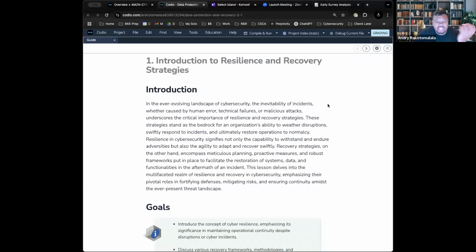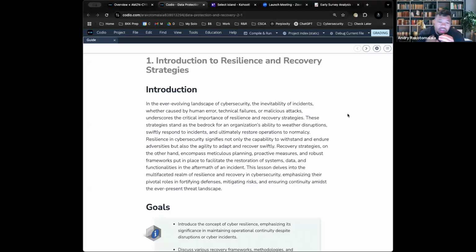Now, in cybersecurity, there are significant things that can happen at any point in time. And so you need to create a resilience program, meaning you need to have plans in place in order to bounce back if an incident were to occur. Resilience is all centered around making sure that you can keep your business running as usual.